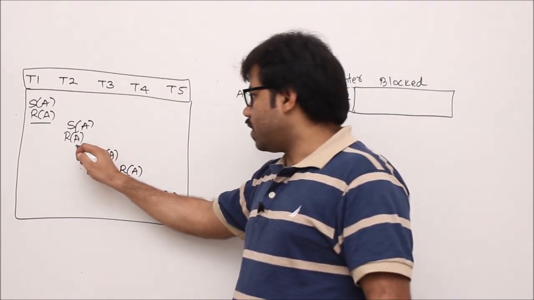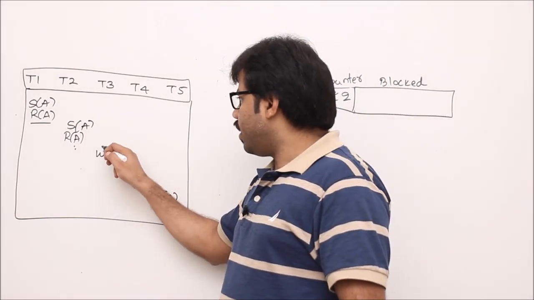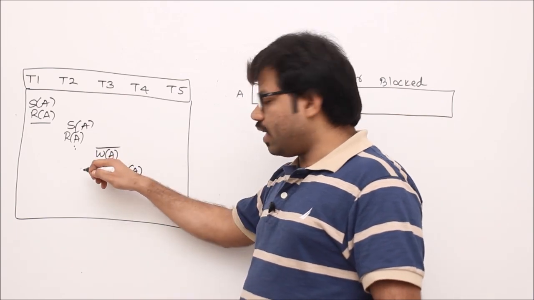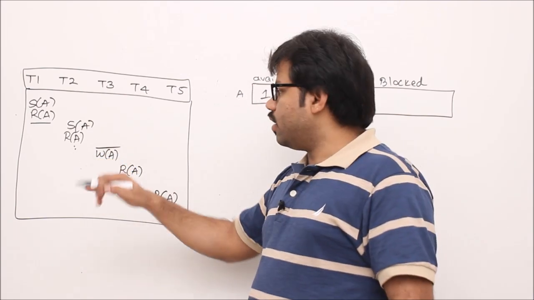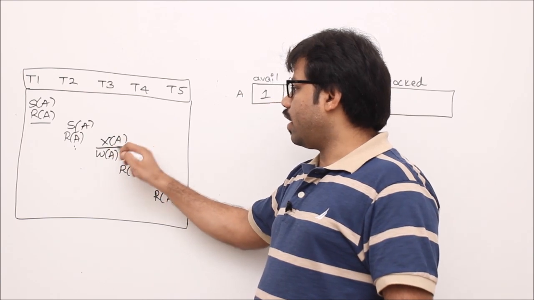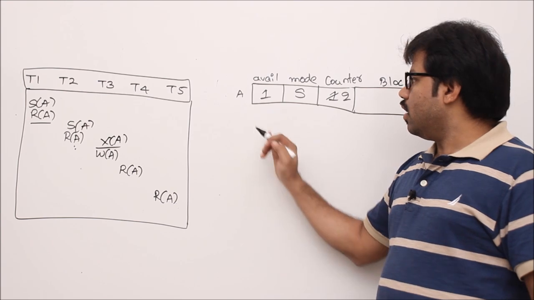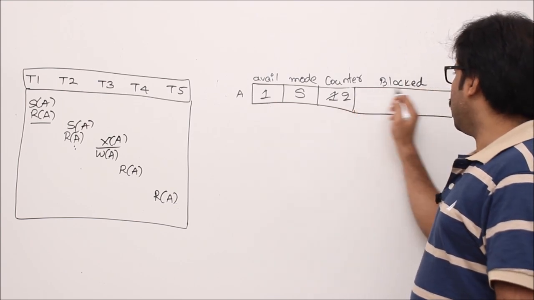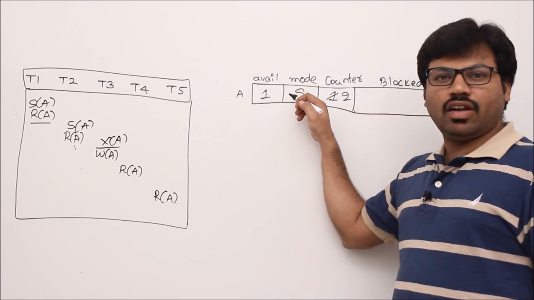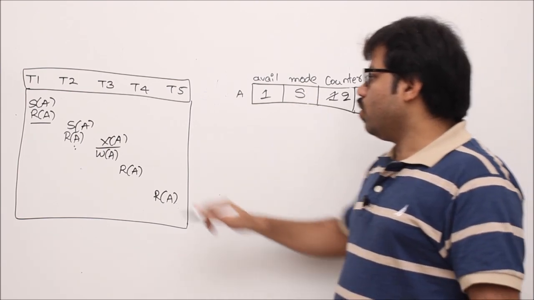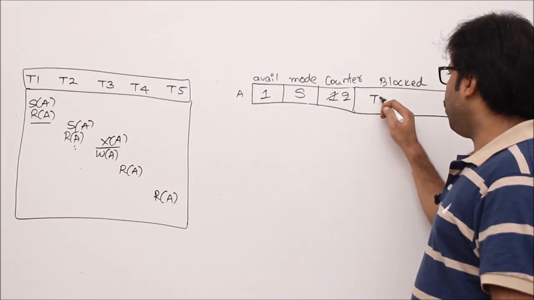Later, T3 gets a chance. Whenever T3 gets a chance, it will try to acquire an exclusive lock on A. We come here and availability is 1. First we see blocked transactions, none. But the mode is shared lock, so it is not permitted. So your transaction T3 will be blocked.